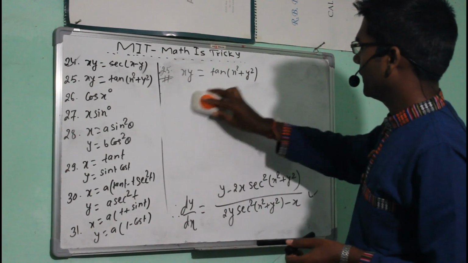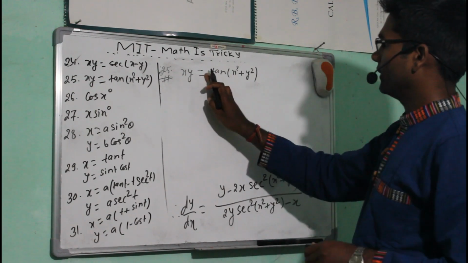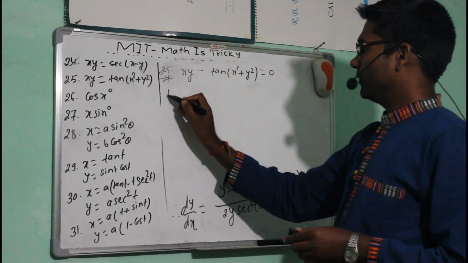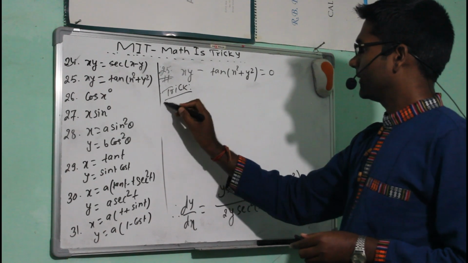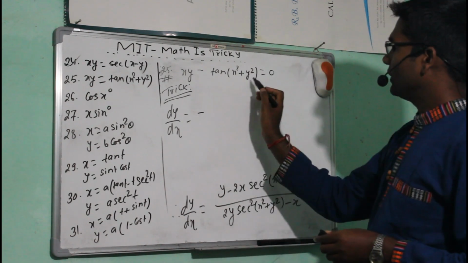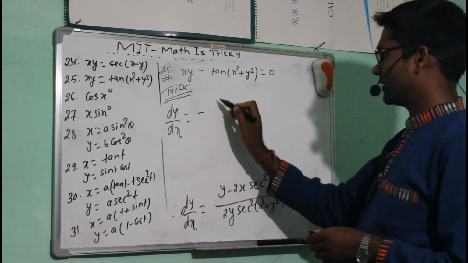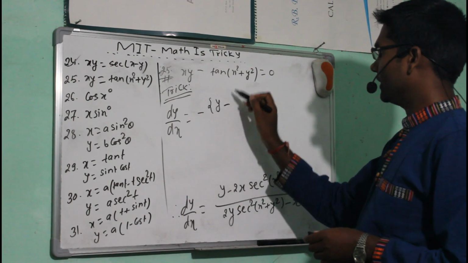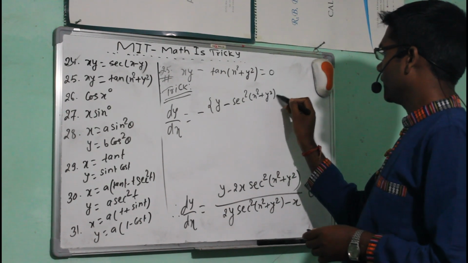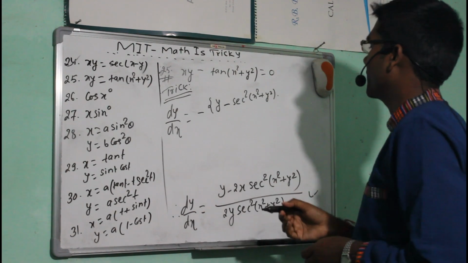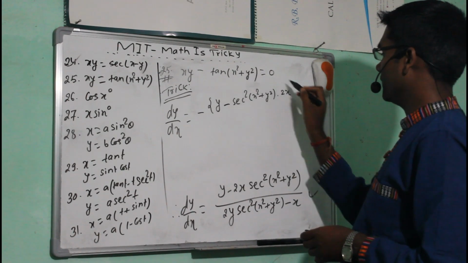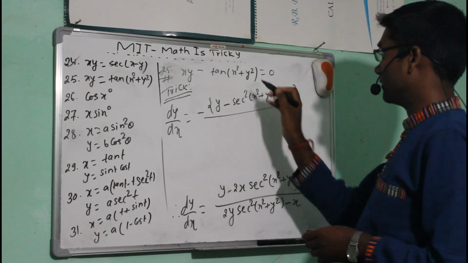Okay, now let me solve the same problem by another method, just within a second. Let's simplify the given question like this: make the right hand side 0. Now we are going to solve this by the trick. So dy/dx equals always minus, by the formula, differentiate this with respect to x first, so it will be y minus the derivative of tan, sec square(x square plus y square), times the derivative of x square plus y square, which is 2x, and the derivative of y will be 0 because we are differentiating with respect to x.